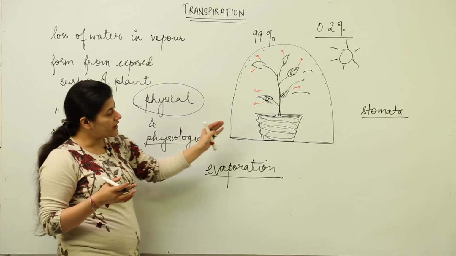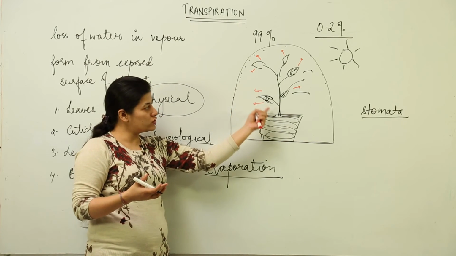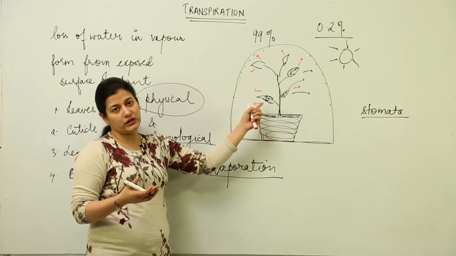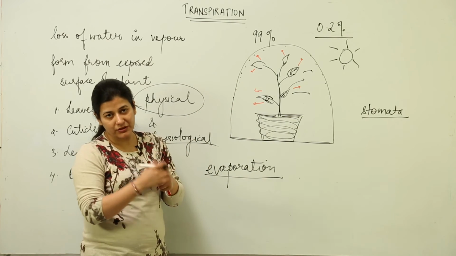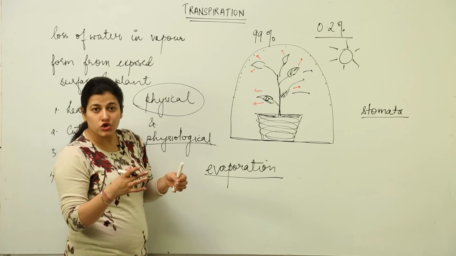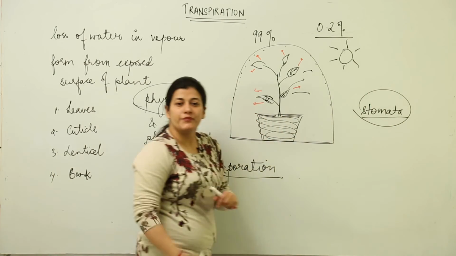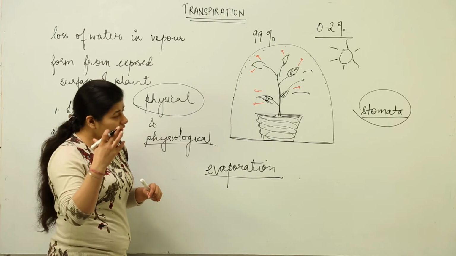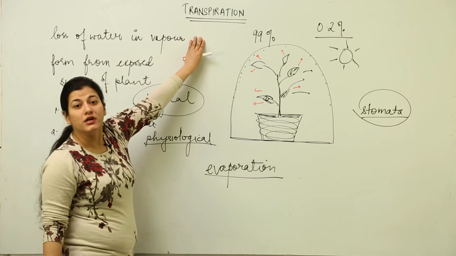So you observe that the cobalt chloride paper turns pink, which shows that it is mostly the leaf surface which is giving the water vapors out, and because of the moisture that comes in contact with the paper, it is turning pink, which shows that from the stomata of the leaves, the vapors are coming out, and those vapors are coming out as a result of the activity of transpiration.